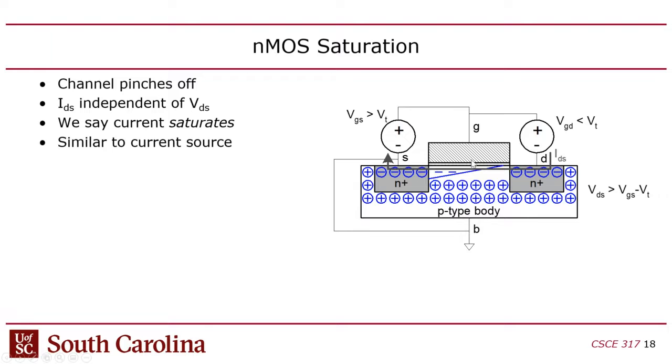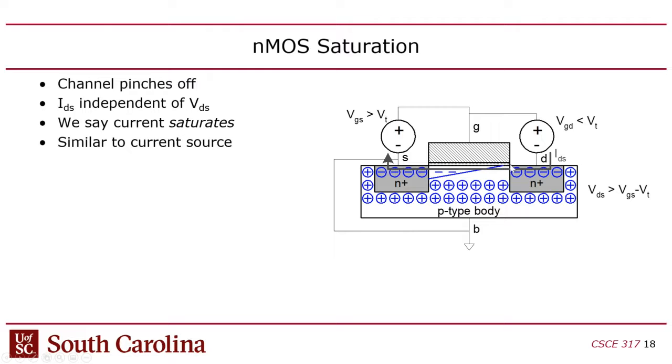And so that's what creates this pinch-off effect, where when they say pinch-off, it's literally like pinching off. If you consider the channel to be the part of the substrate that has the minority charge carriers in it, the electrons in this case, then it literally just gets pinched off.